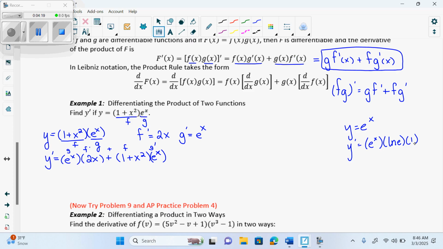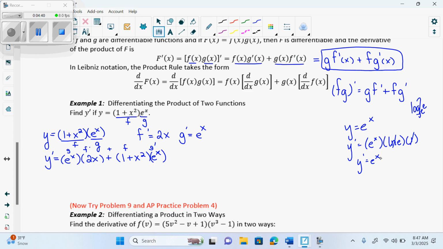Ln e we discussed. What is ln e the same as? 1, because it'd be log base e of e, right? Which is 1. So this becomes a 1, that becomes a 1. So y prime equals e to the x, correct? But the key thing, whenever you have a numerical base to a variable exponent, the first step of that is to rewrite it. We agree?